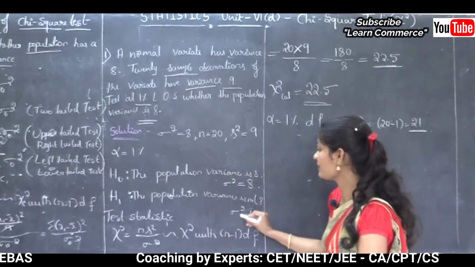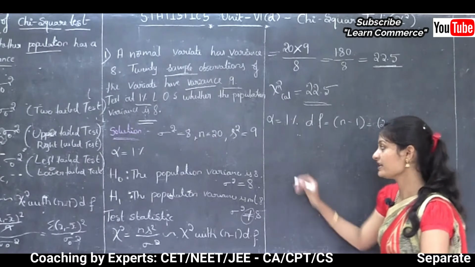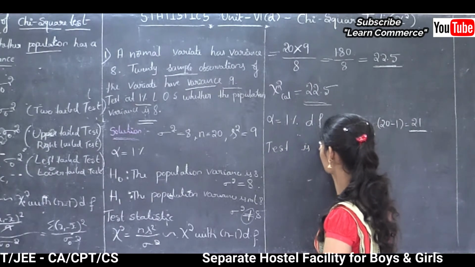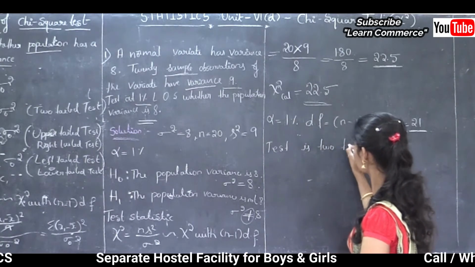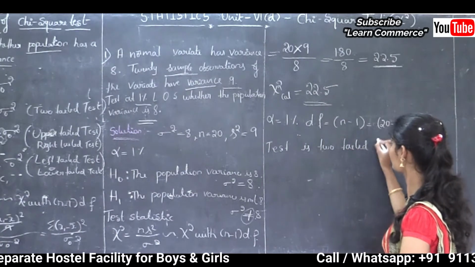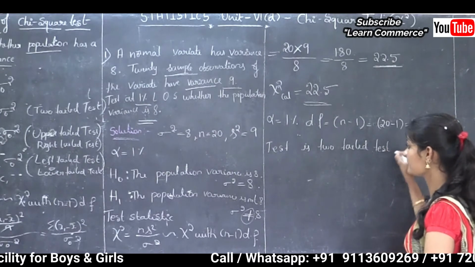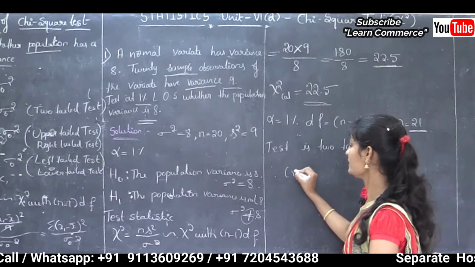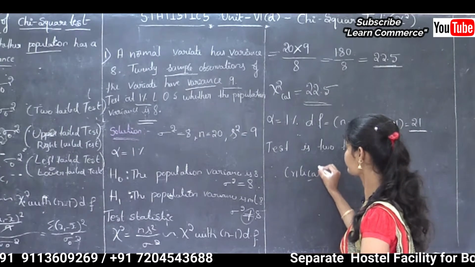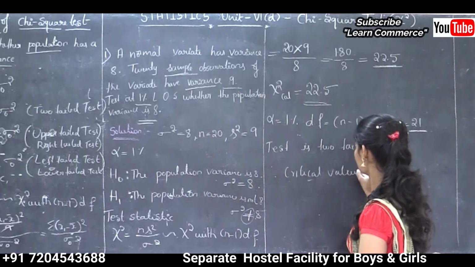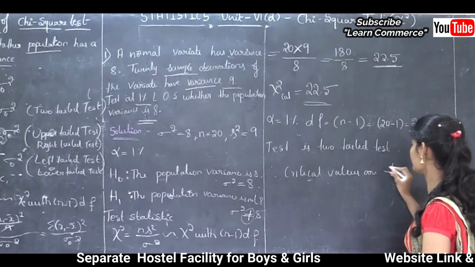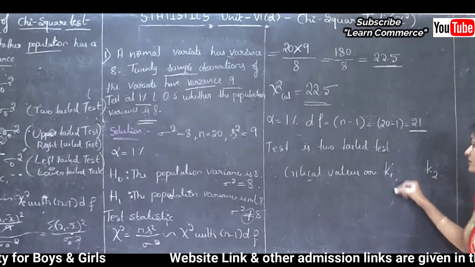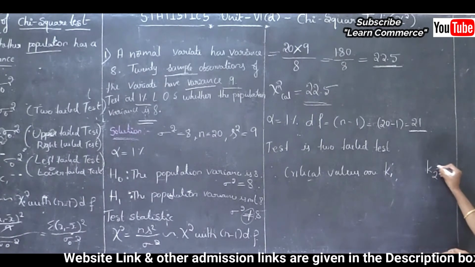Here the alternative hypothesis is of not equal to type, so here the test is a two-tailed test. If the test is two-tailed, the critical values are K1 and K2. So what is the K1 value and what is the K2 value?